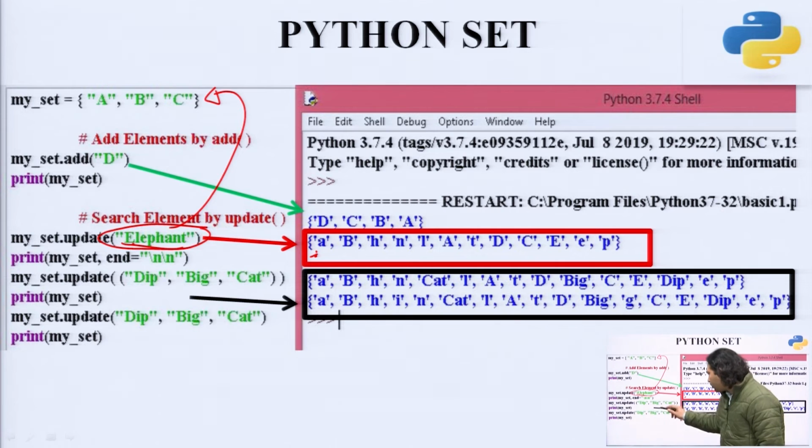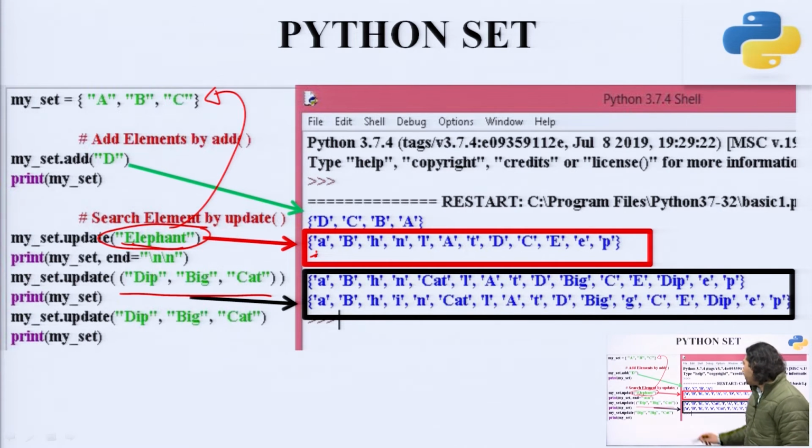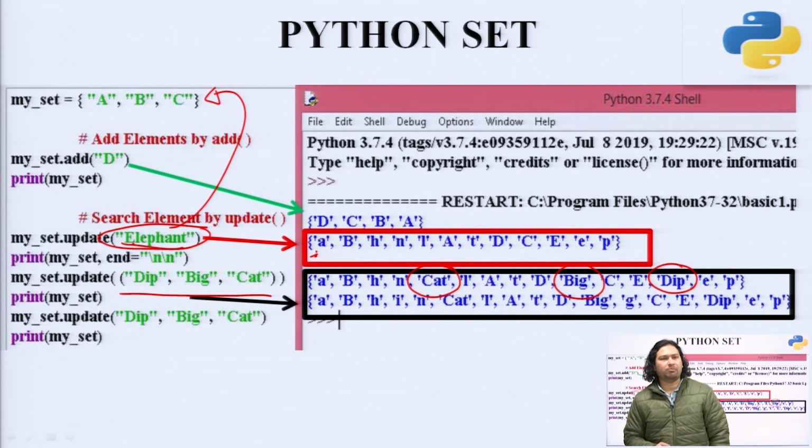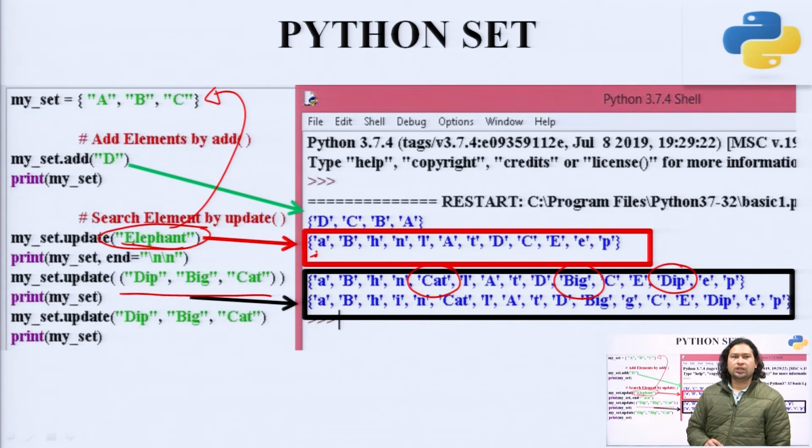Now, what is happening when you are passing things in a bracket? It is directly added. You can see cat, big and dip are directly added under this one. That means whenever you are going for the update method, you need to use a collection data type.